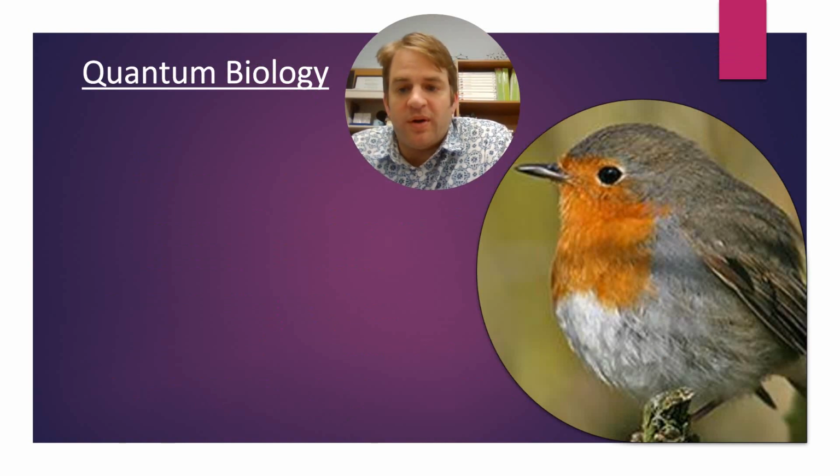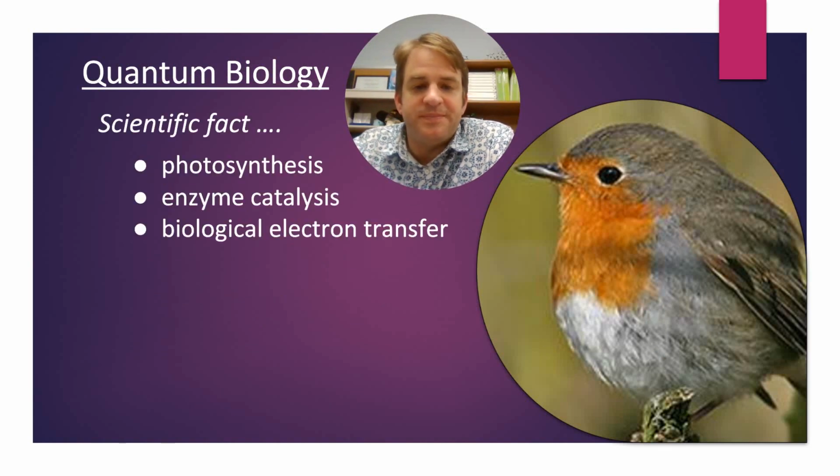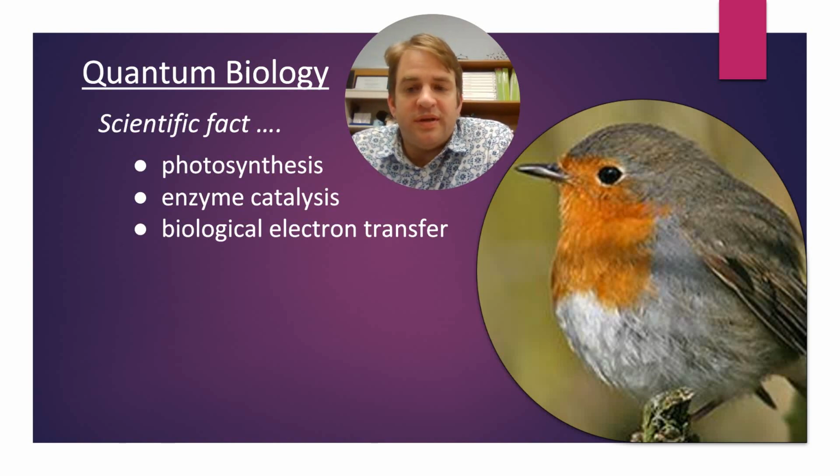So, in quantum biology, here's our friend, the European robin. He's become kind of a mascot of quantum biology in recent years. But although he's famous for his ability to sense the Earth's magnetic field, actually to see it even, he's not one of the cornerstones of quantum biology, at least not yet.